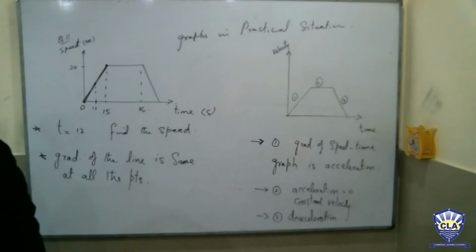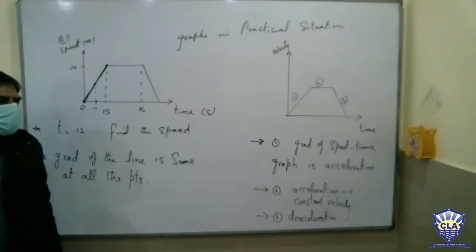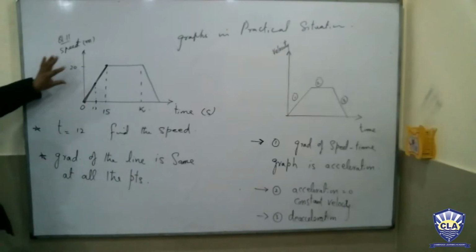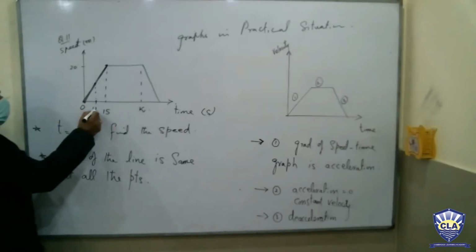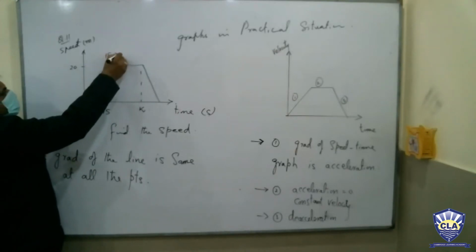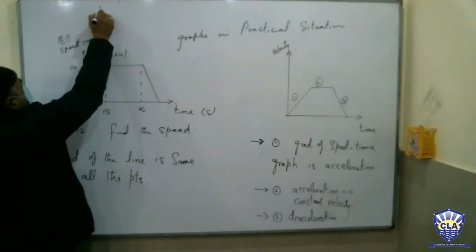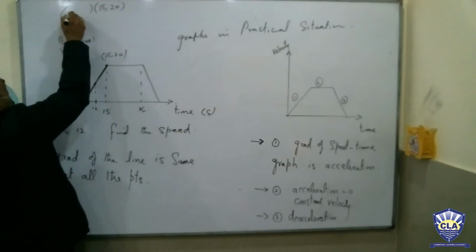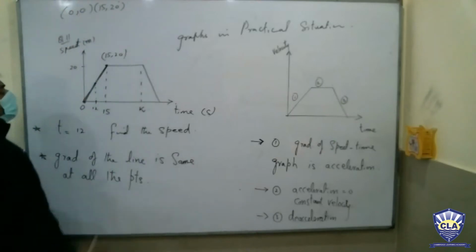Okay children, that is the key point. Are you able to understand? Yes, online students. So first of all, we will find the gradient. Now at this point, 15, 20 and 0, 0.